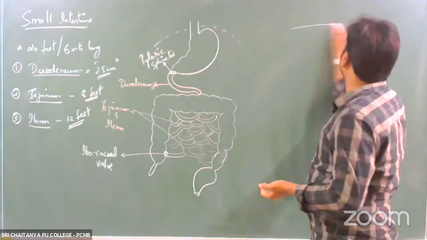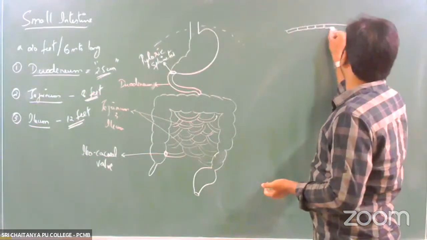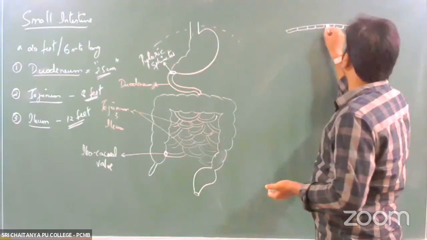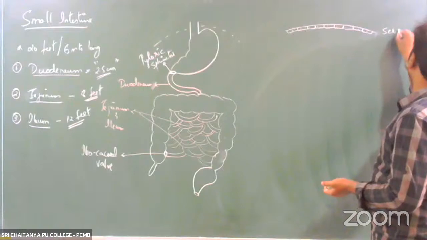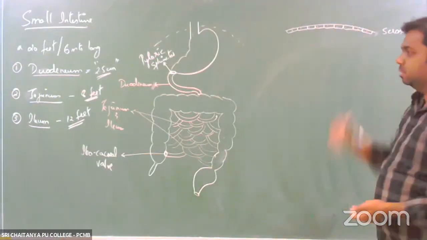This will be the outermost layer, and you know that the outermost layer is serosa, which is composed of simple squamous epithelial tissue. Below this, there is the muscularis region.